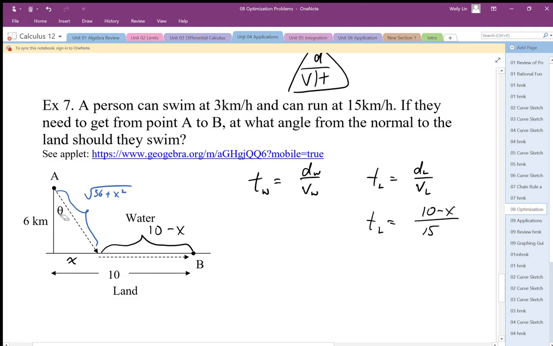I could do it with theta, but it's easier with x, and once I find x, I can find theta using arctan. So my time on water is the square root of 36 plus x squared over the velocity on the water, which is 3.